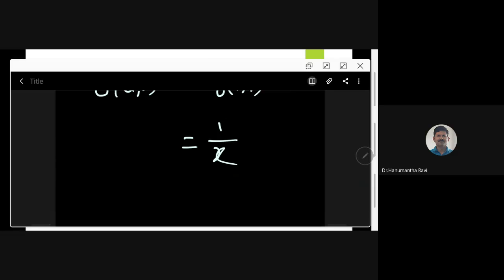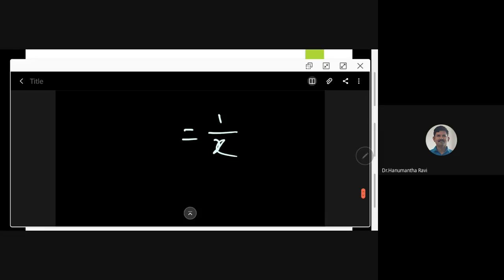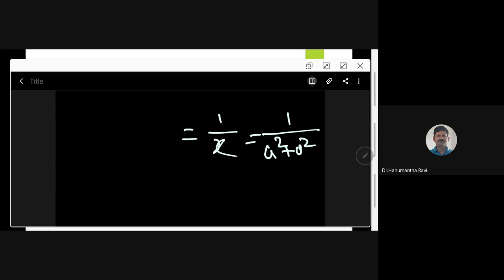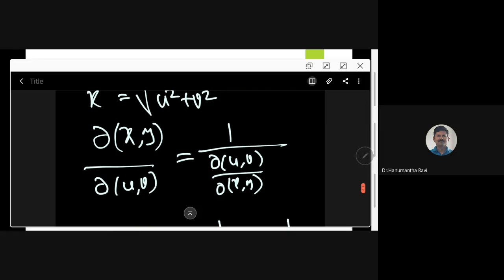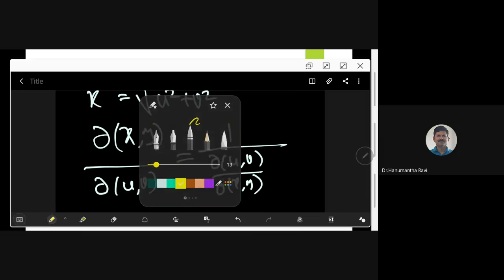But what is x? x is square root of u square plus v square, so 1 by x is 1 by square root of u square plus v square. This is a Jacobian property.